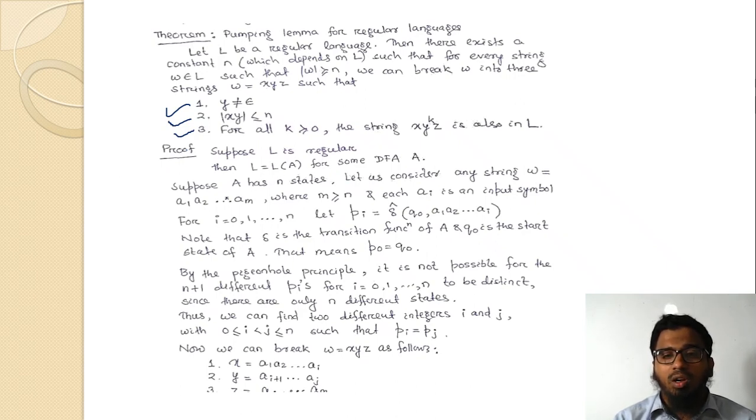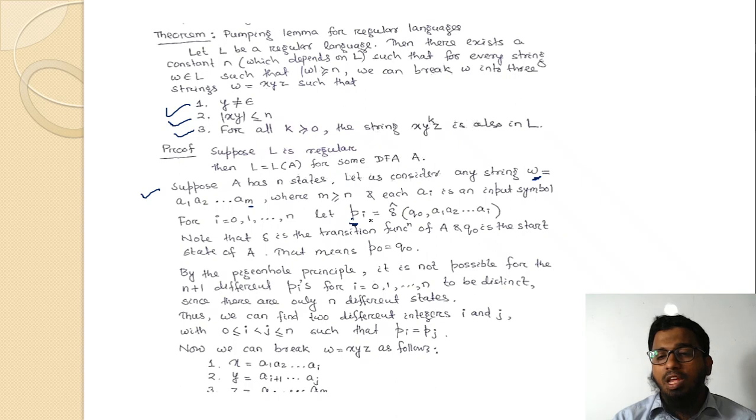Suppose L is regular, and w is a1, a2, and so on up to am, where m is greater than or equal to n, and each ai is an input symbol.